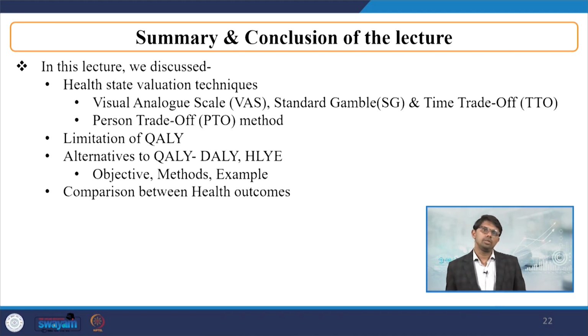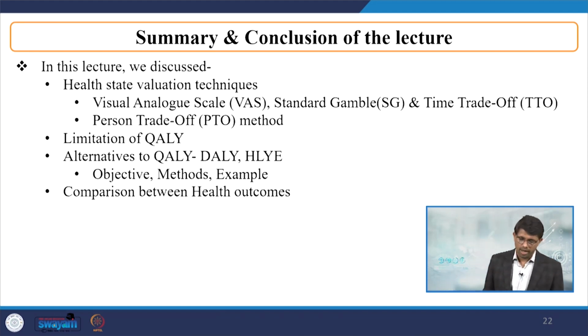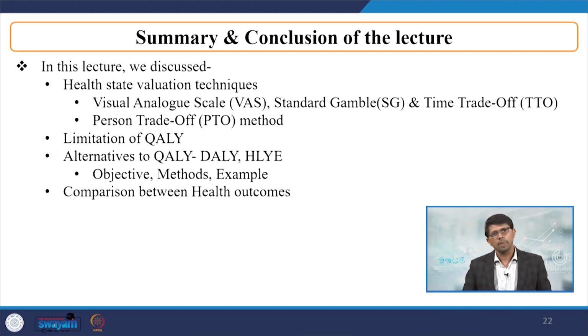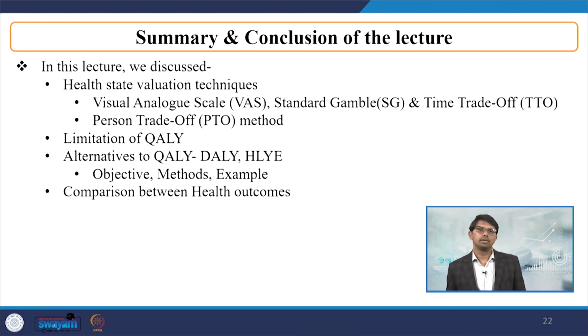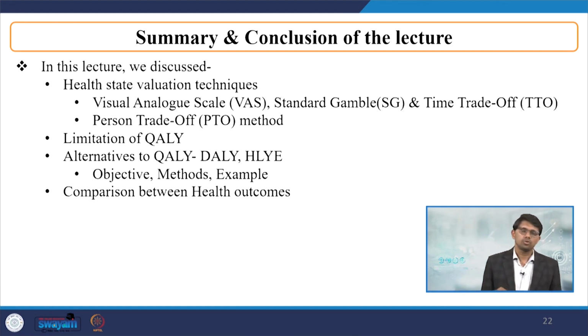We also addressed the limitations of the QALY, the different aspects of QALY. You can refer to the previous lecture. The alternative uses of QALY are DALY and HLYE. However, DALY is even better preferred given its objective methods and purpose. We have also explained these with their respective examples.